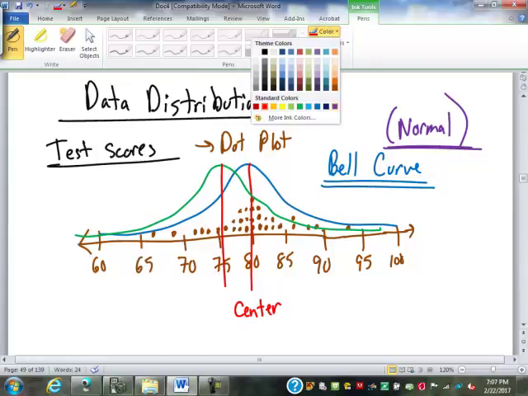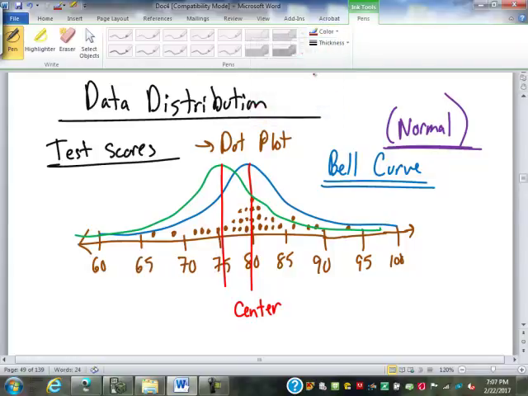The second quality that we describe about them is the quality of spread. Now, the blue curve and the green curve here are equally spread out. They have the same width.